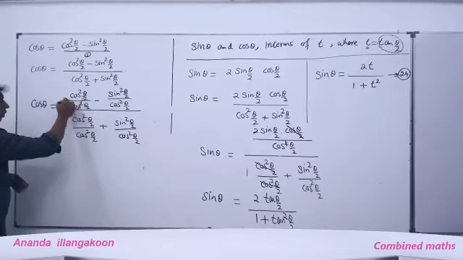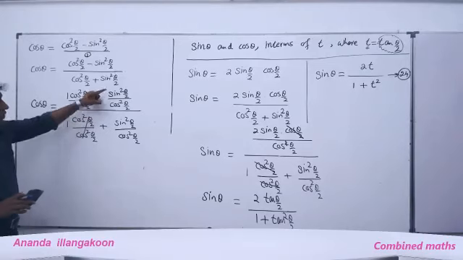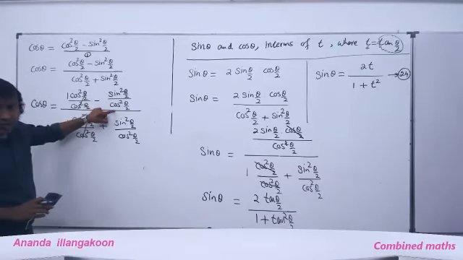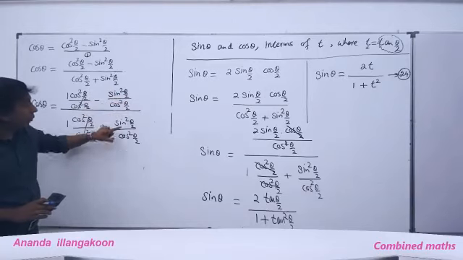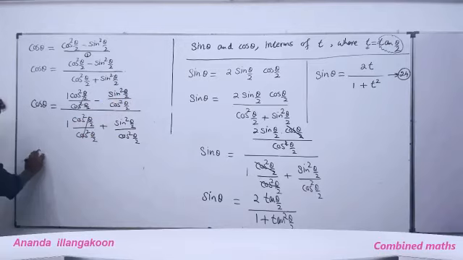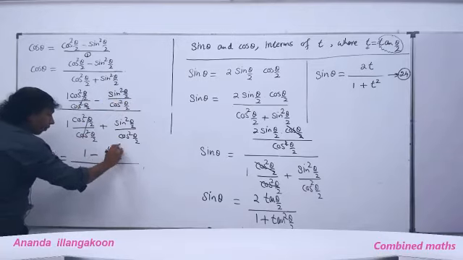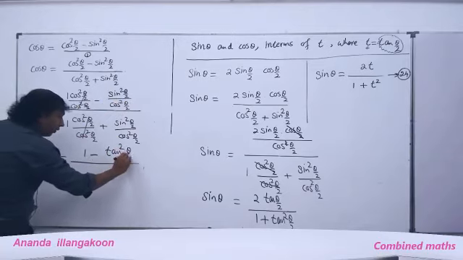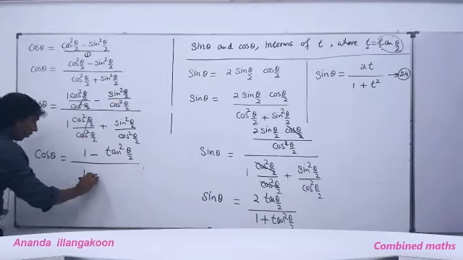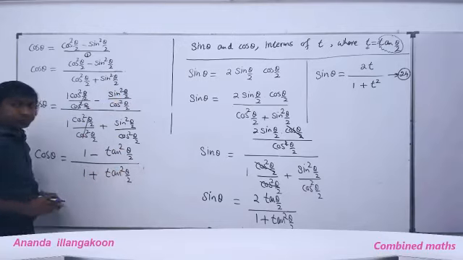These two we can cancel down, we get 1. These two we can cancel down, we get 1. Sin squared divided by cos squared is equal to tan squared theta by 2. Here also tan squared theta by 2. Right? And then we get 1 minus tan squared theta by 2 divided by 1 plus tan squared theta by 2.